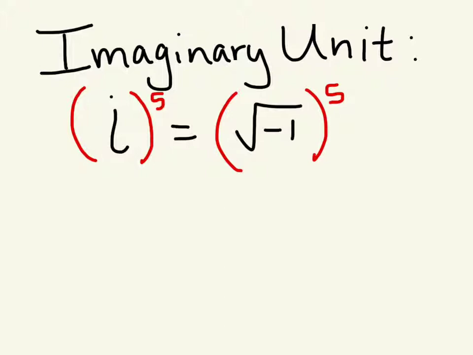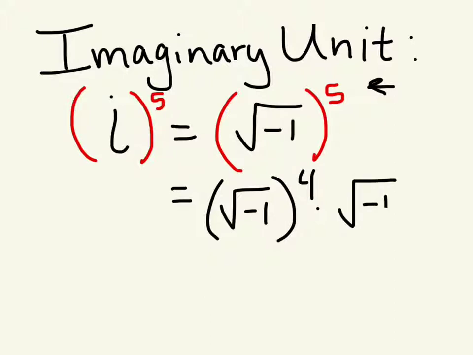So here's our imaginary unit, i equals the square root of negative 1. Raising both sides to the fifth power, let's build upon the previous examples that we've already done. We know that i to the fourth is defined as 1, so let's separate this exponent of 5 into an exponent of 4 and an exponent of 1.